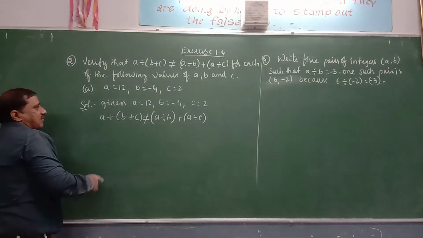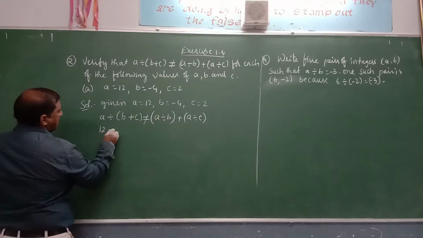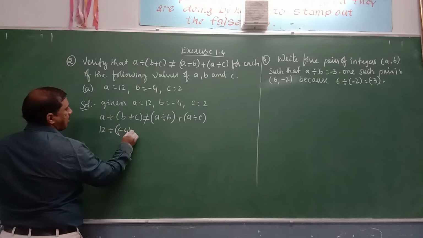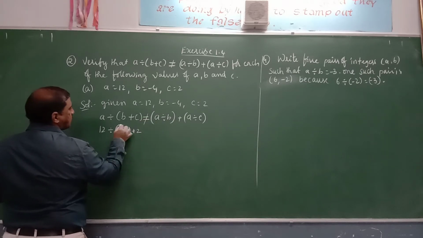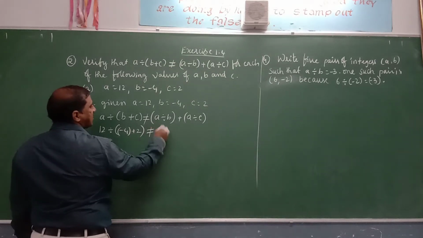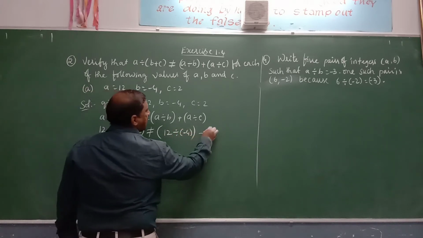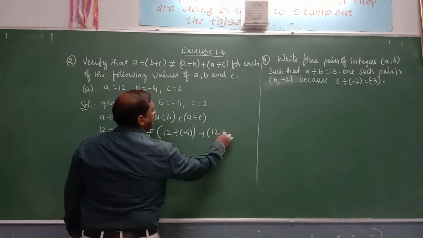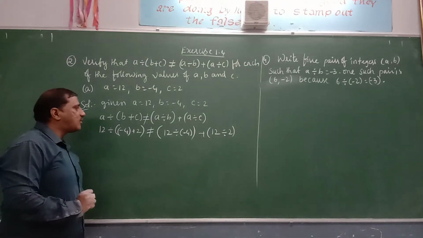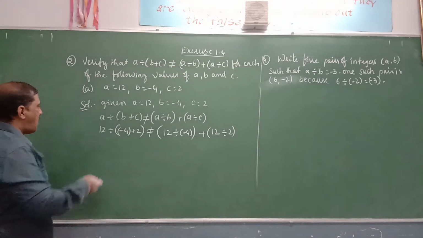Substitute the given values in place of a, b and c: 12 divided by (minus 4 plus 2) is not equal to 12 divided by minus 4 plus 12 divided by 2. Substitute a as 12, b as minus 4 and c as 2 and simplify.